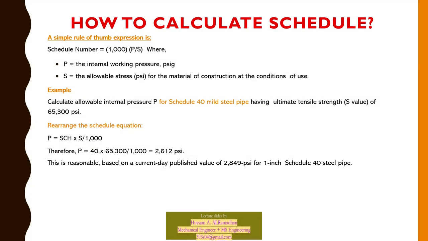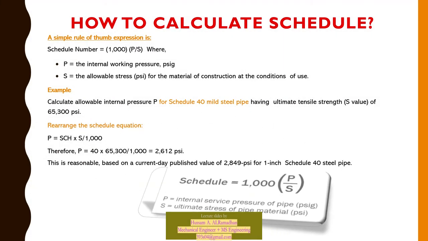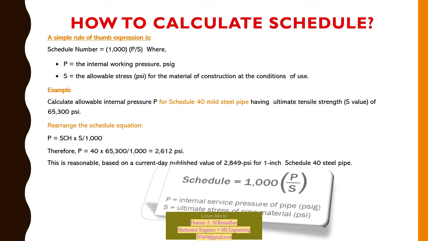How to calculate schedule? A simple rule of thumb expression: schedule number is equal to 1000 multiplied by pressure over the allowable stress in psi. Let's take an example. Calculate the allowable internal pressure P for schedule 40 mild steel pipe having ultimate tensile strength S value of 65300 psi.